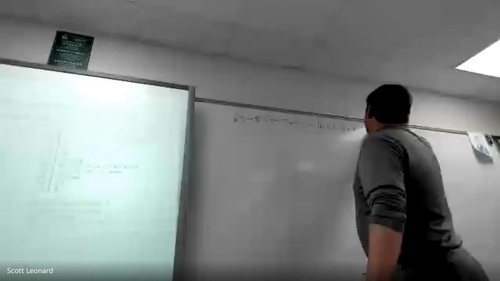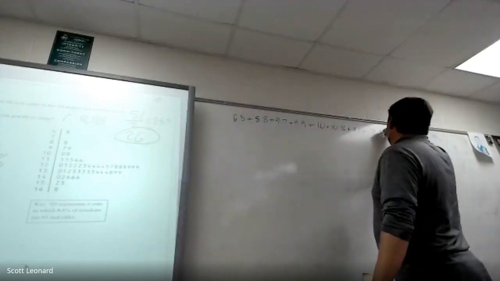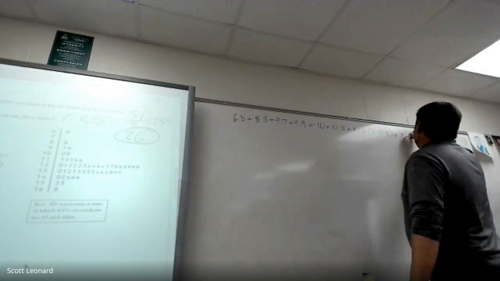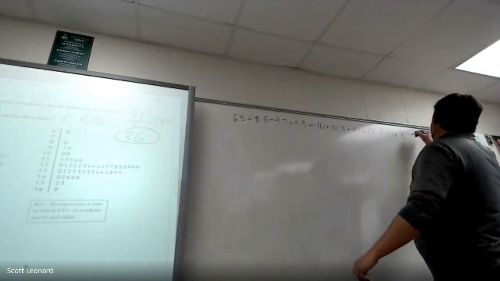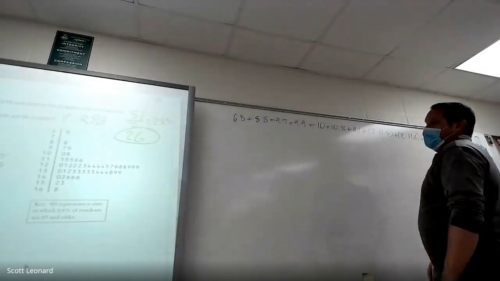Plus 9.7 plus 9.9 plus 10 plus 10.8 plus, I want to get to where I have repeaters, 11.1 plus 11.2, 2 times 11.5 plus 2 times 11.6 plus, and you keep going.